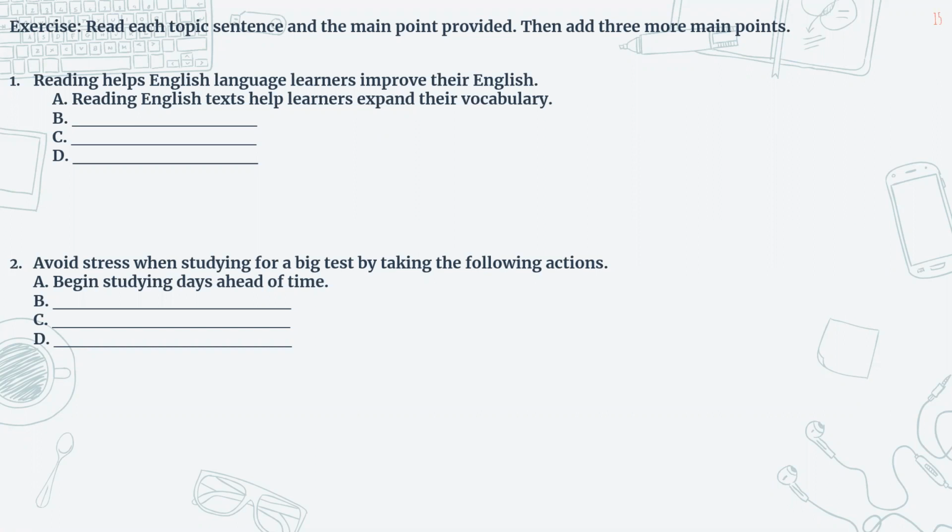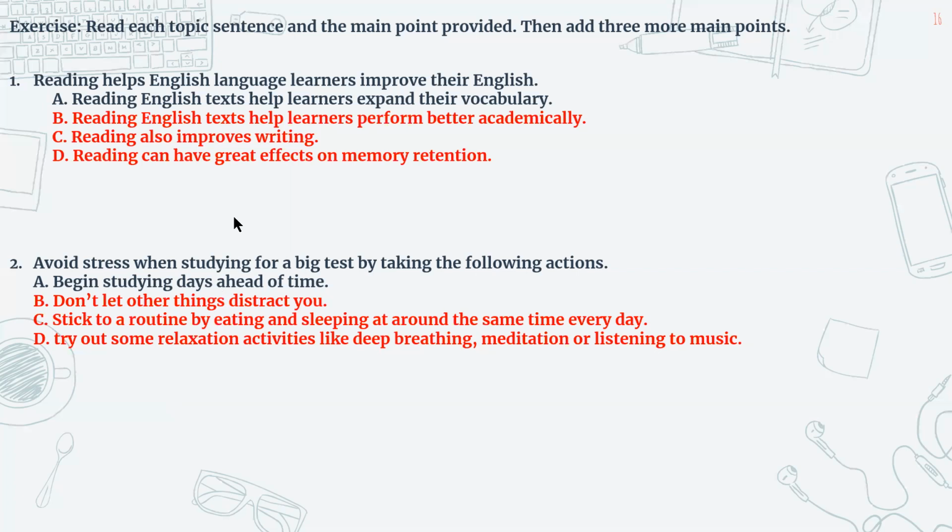Okay, now pause the video and come back when you're done. Of course, your answer can be very different from mine. It's fine. Okay, these are the main points. B, reading English texts helps learners perform better academically. Reading also improves writing. Reading can have great effects on memory retention.